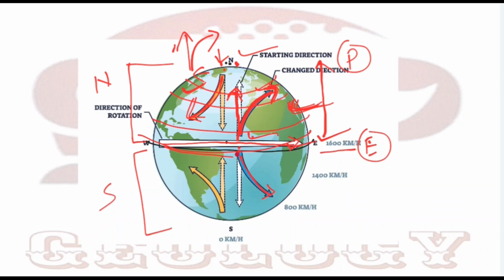Then in the southern hemisphere, it always deflects towards the left side of the viewer. So this is the Coriolis effect. Sometimes it is called the Coriolis force, but it is actually the Coriolis effect. It is not a force.